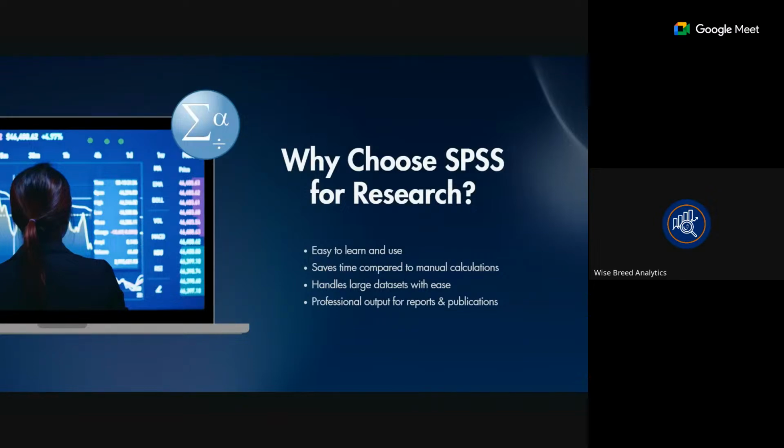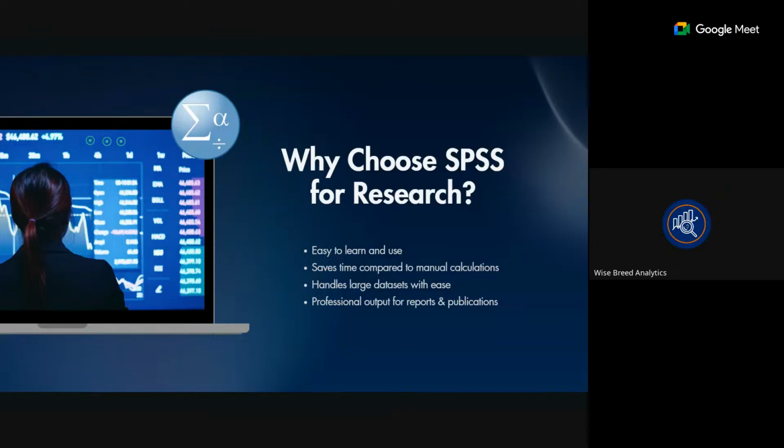So SPSS doesn't just allow you to avoid errors, it also saves you enough time. And one good thing I've realized with SPSS: I worked on a data set early this year from one of the universities in the US, from a very large public child health data set, and SPSS was able to handle it effectively. Normally, I would have resorted to Python or R programming, but I did it with SPSS because I needed something really fast, and the client needed a response as quickly as possible.